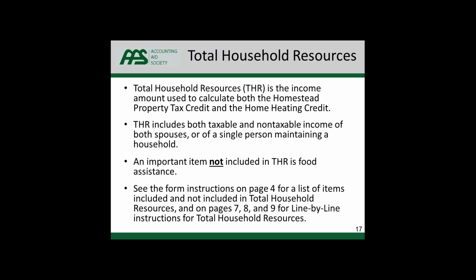Now, I would urge anybody to take a look at page 4 of the instructions for a list of items included and not included, and then on pages 7, 8, and 9 for line-by-line instructions. One thing that is not included is food assistance. So you can keep that out of the calculation, but pretty much everything else is in, with some exceptions on certain things. We'll talk about that.